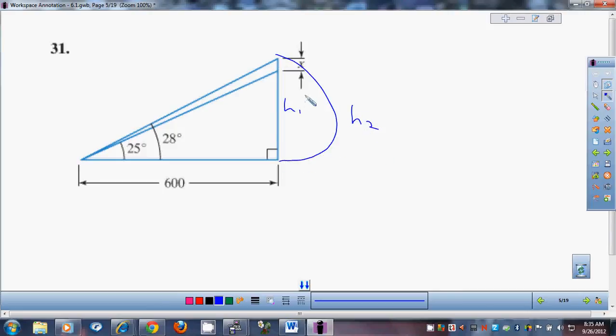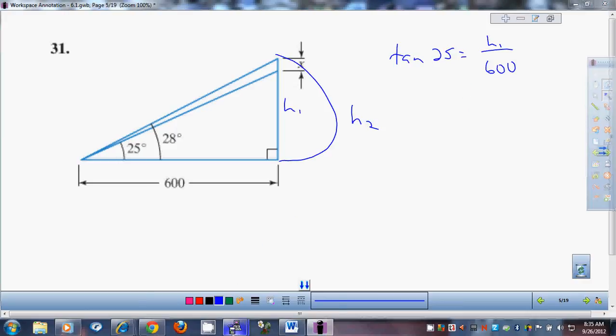For height 1, does that go with the 25 or 28? 25. So we're using opposite and adjacent, which is tangent. Tan 25 equals opposite over adjacent, and then just multiply.